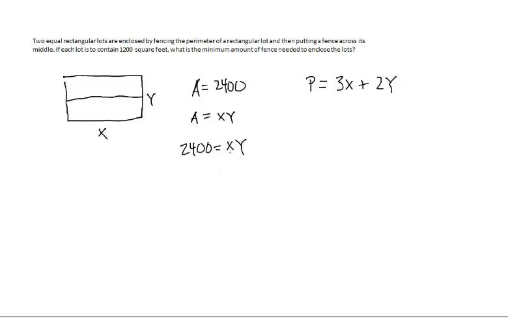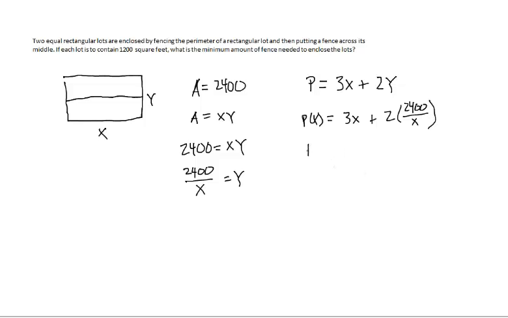So I'm going to solve our area for y and say that y is equal to 2,400 divided by x. And now I'm going to say that perimeter with respect to x is equal to 3x plus 2 times 2,400 divided by x.